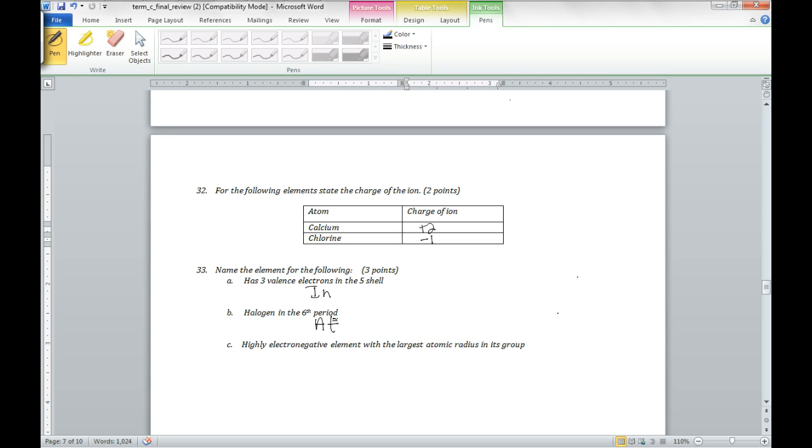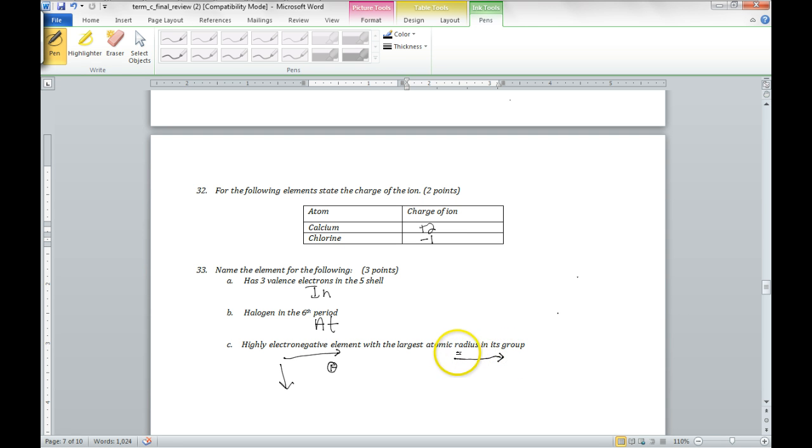Highly electronegative element with the largest atomic radius in its group. So electronegativity is going to increase from the left to the right, and it decreases as it goes down. So the most electronegative element is actually fluorine. Now, atomic radius is just the opposite. I guess I could draw it this way too.